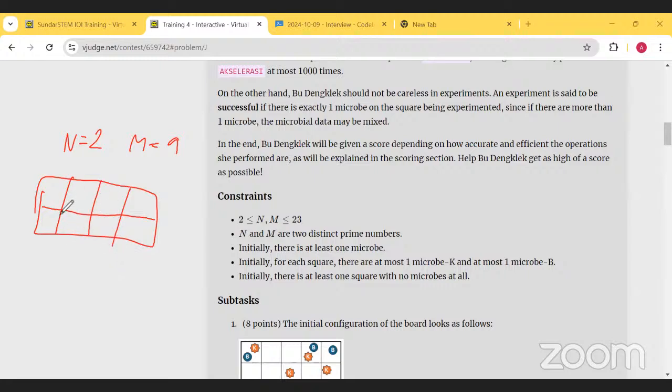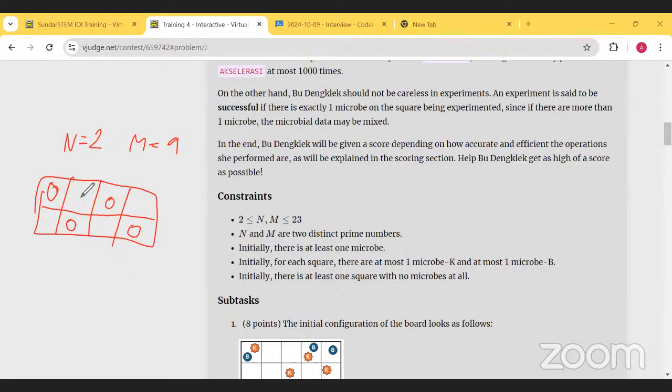How? Because let's say there is an empty cell here. After we move, we will get 2 empty cells and then 3 empty cells and 4 empty cells, and then the next empty cell will be here again. So we will never empty this position except we sacrifice one experiment.